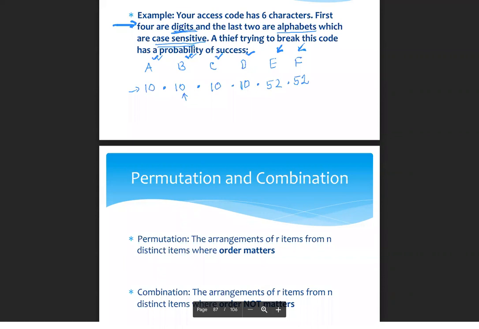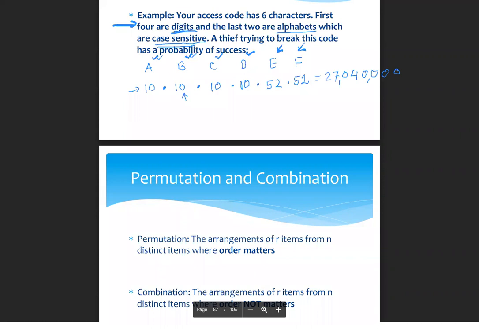If you multiply all these numbers, you get 10,000 times 52 times 52. That is going to be 2704 followed by 40, roughly about 27 million different ways.